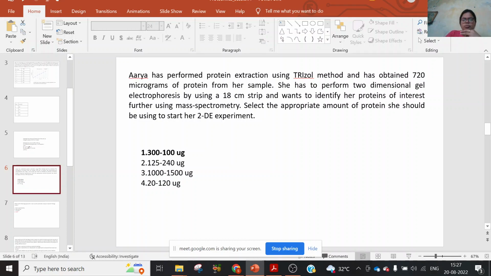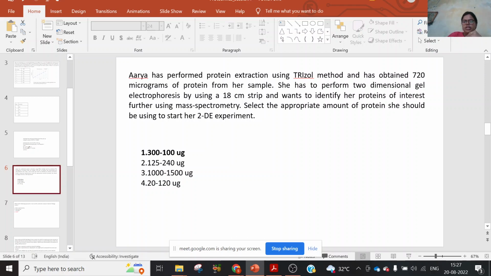So the correct option is option 1, because options 2 and 4 will be insufficient compared to option 1. This is closer to what is required in the laboratory scenario.